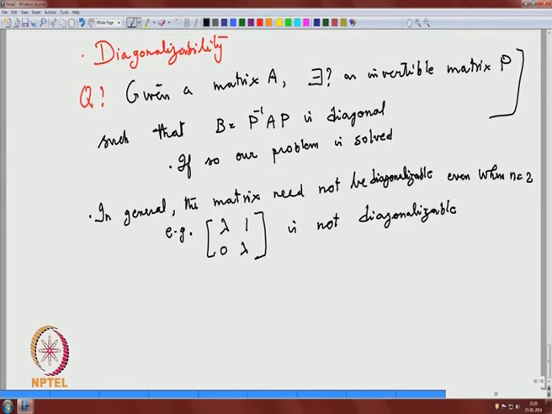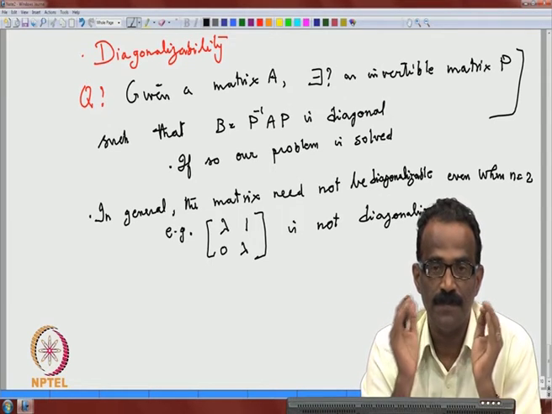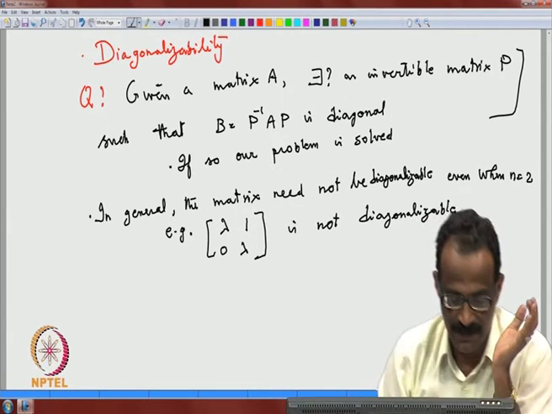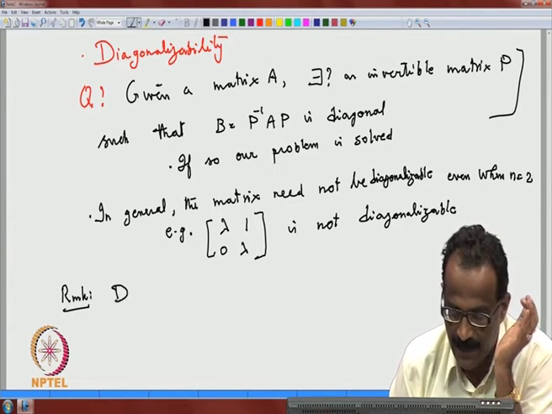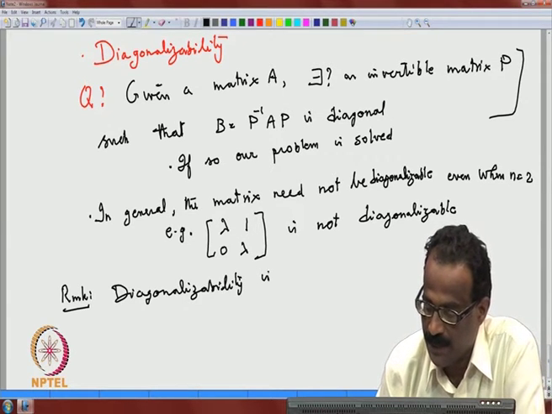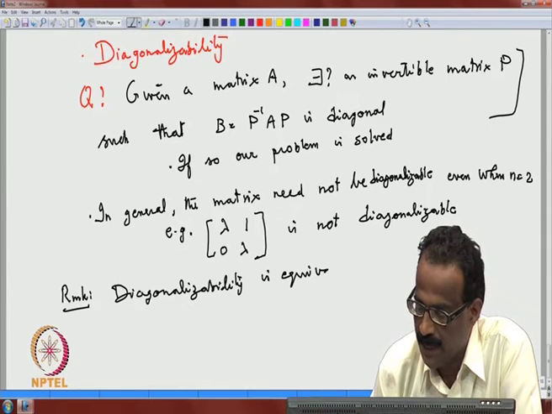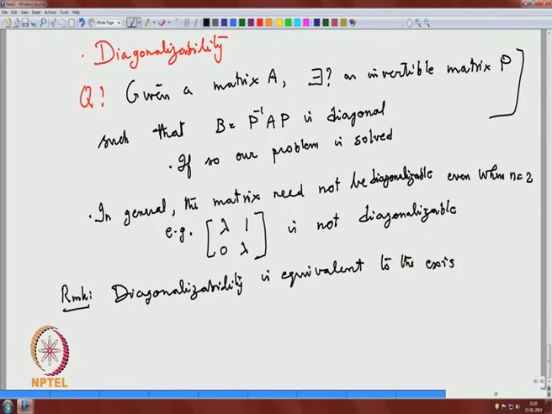Again, let me recall from linear algebra: diagonalizability is equivalent to the existence of n independent eigenvectors. This you have already seen in linear algebra.